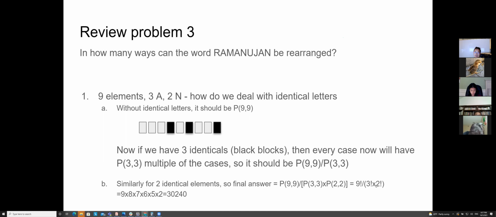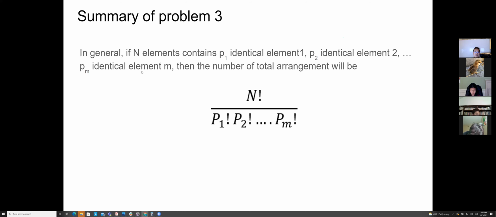They're both in the denominator. I'll leave you some time to digest offline, but I want to put it in a general way. If there are n elements, containing P1 identical elements of type 1, P2 identical elements of type 2, until Pm identical elements of type m, then the total arrangement will be n factorial divided by P1 factorial, P2 factorial, until Pm factorial. So this is how we deal with the repeating elements in the permutation problem.